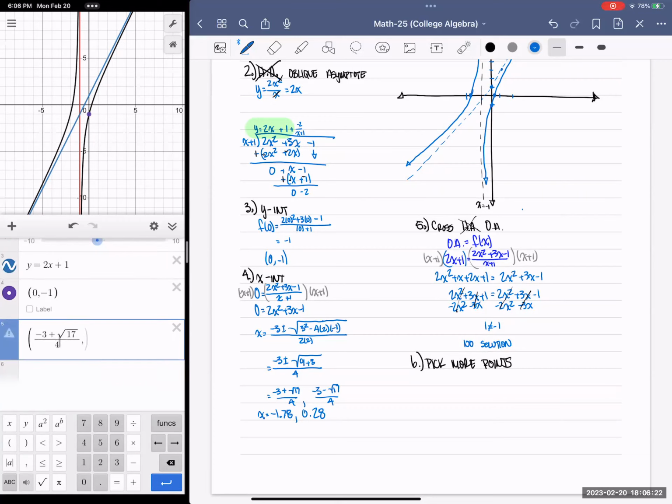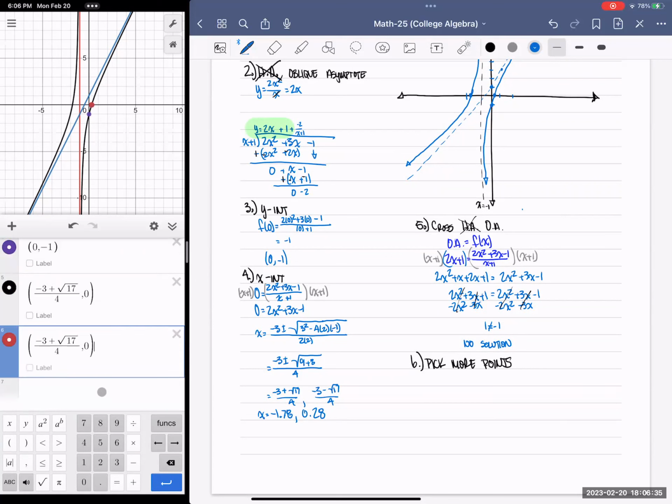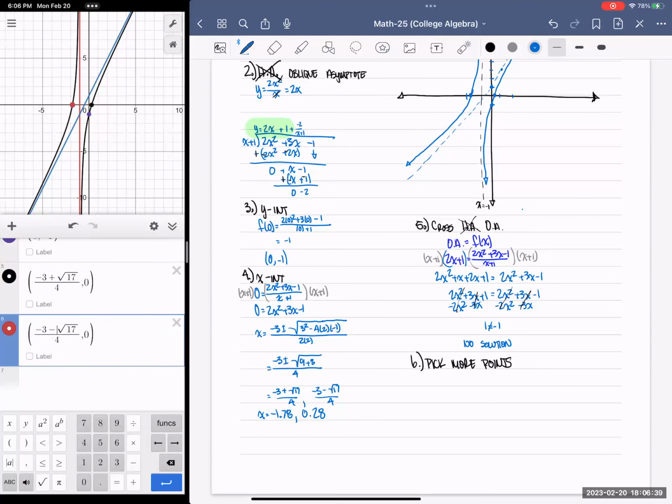That's x, and then y is 0. And we also have the opposite, the minus. There we go. And those are those 2 points right there.